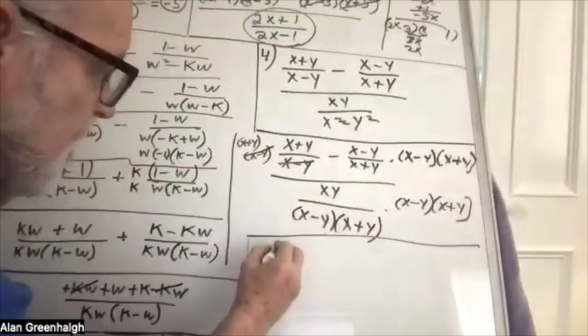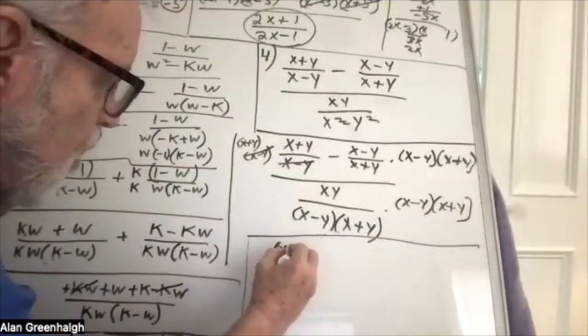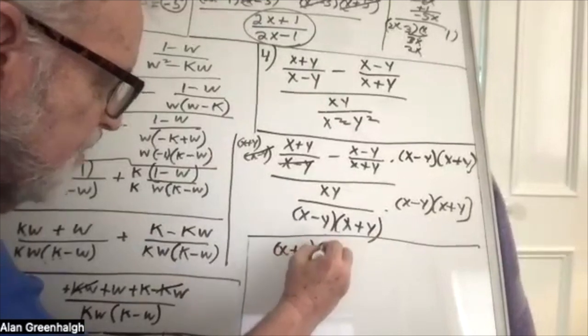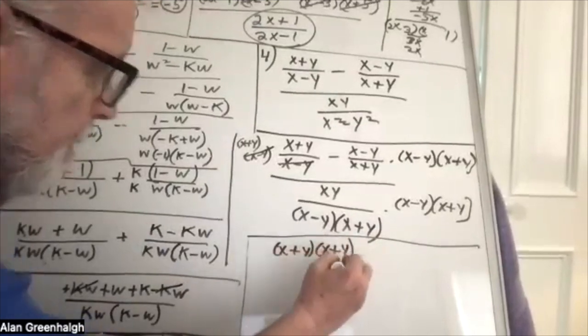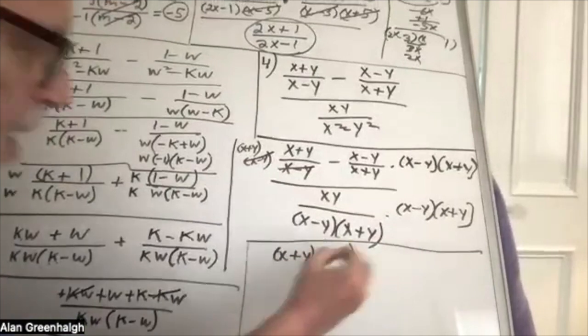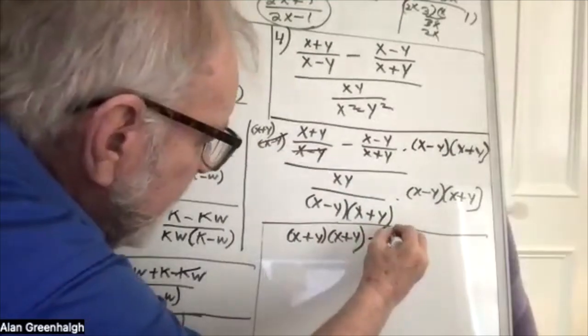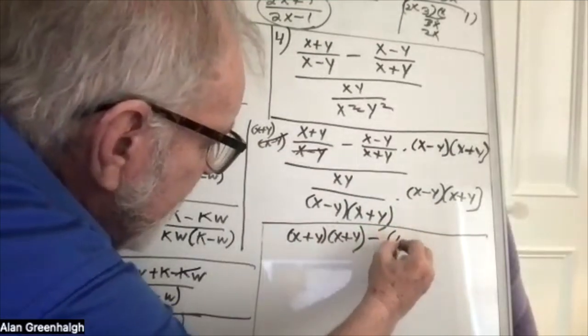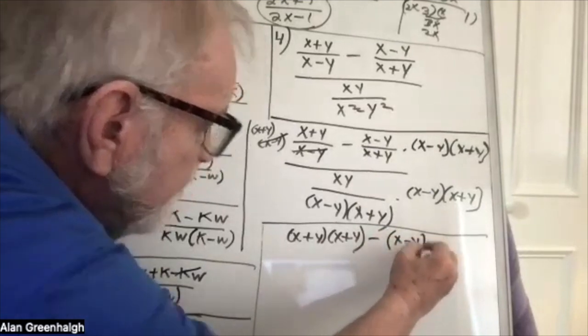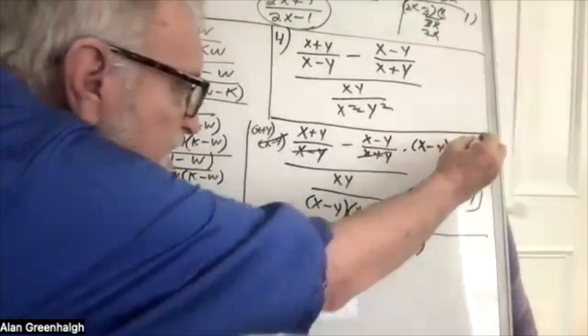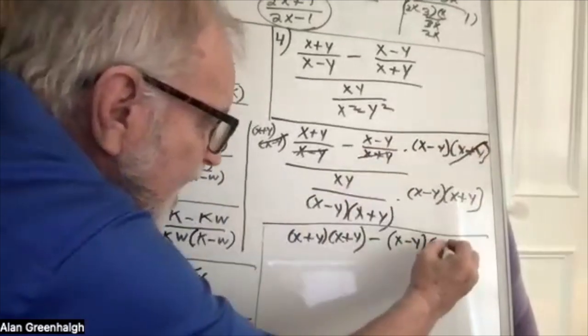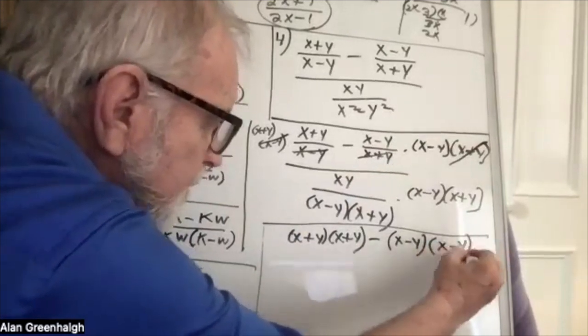That'll leave us with x plus y times x plus y. Minus. Now here we have x minus y. Now this cancels out with that, x minus y.